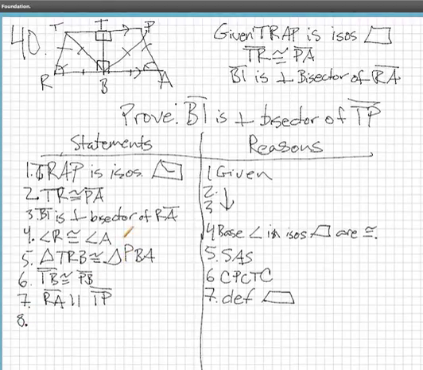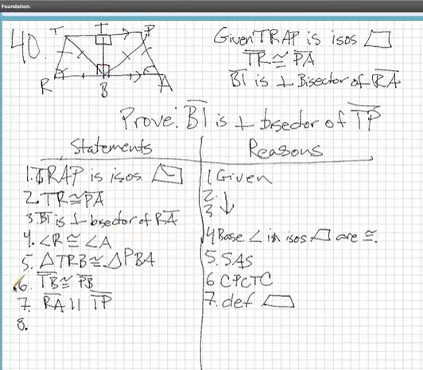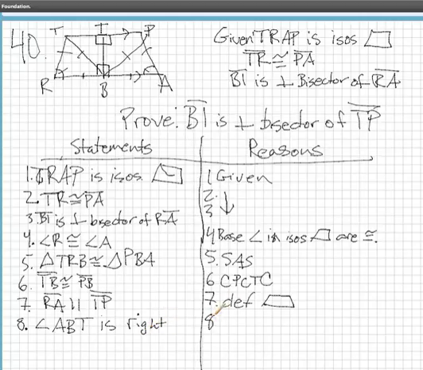So from there, we can actually say, because BA is perpendicular, that angle ABT is right, that is the definition of being perpendicular.